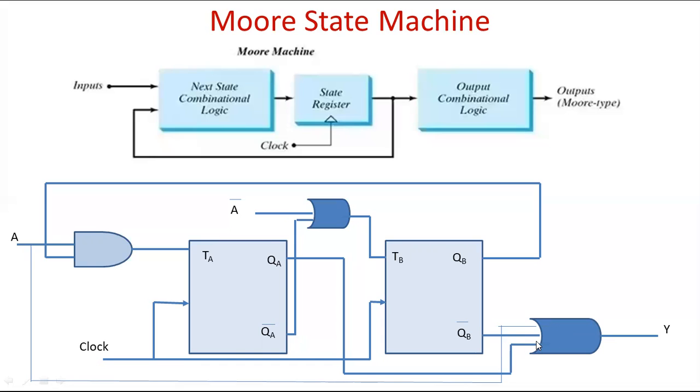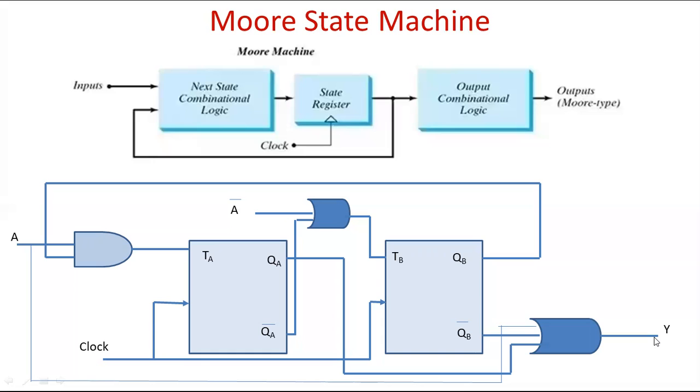So Y is equal to QA plus QB bar. There is no A in this particular equation, so Y is independent of A. That is our output, so it is clearly a Moore model.